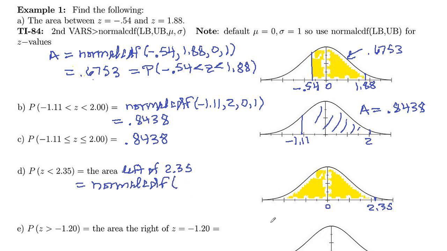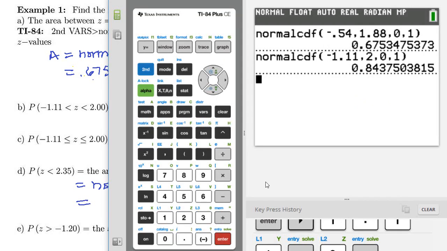And then our lower cutoff here would really be negative infinity, but we can't put infinity into the calculator, so use negative 10,000, which should be enough. Your right cutoff, 2.35, and then mean, standard deviation, 0, 1. Let's enter that.